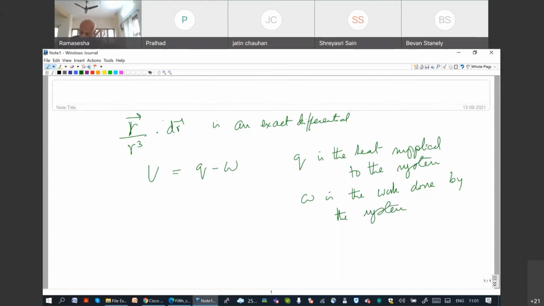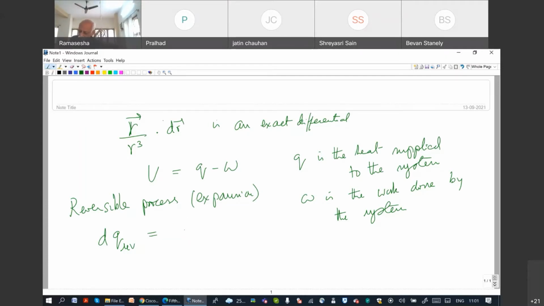So supposing we have a reversible process, let us say an expansion. I can write down dQ reversible as equal to T times dS, rather T times dS, sorry.